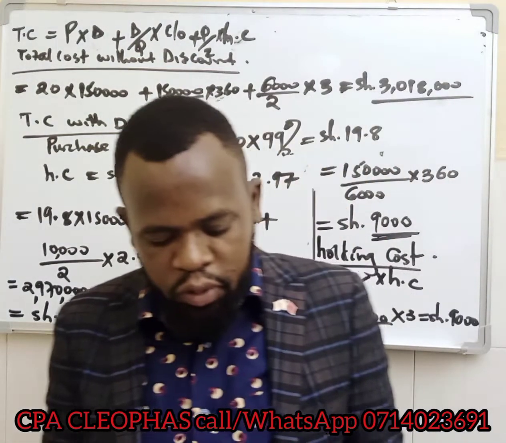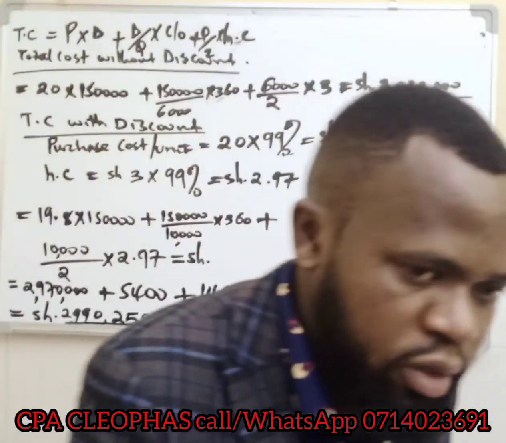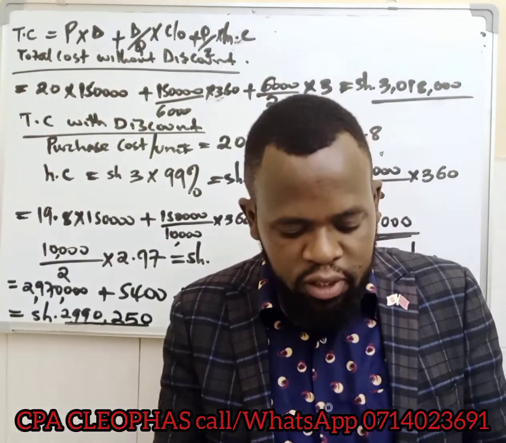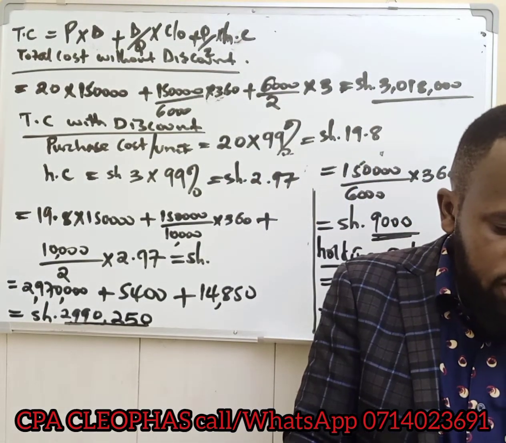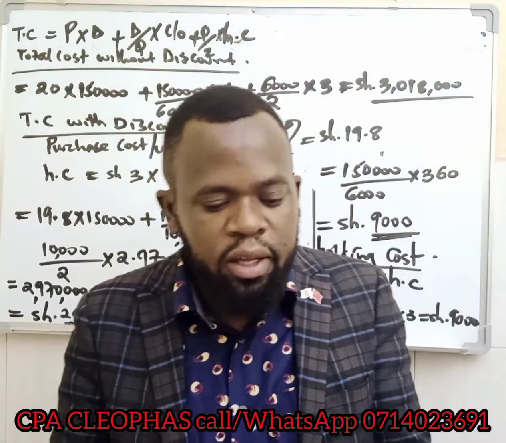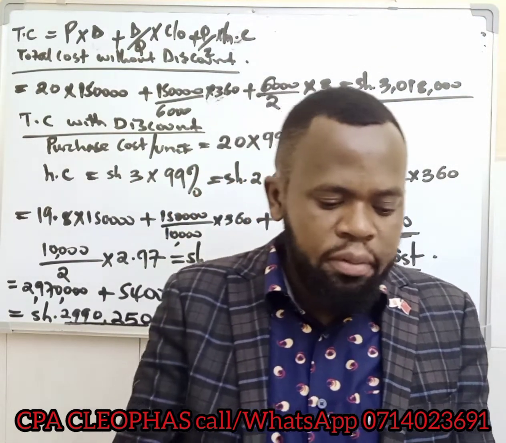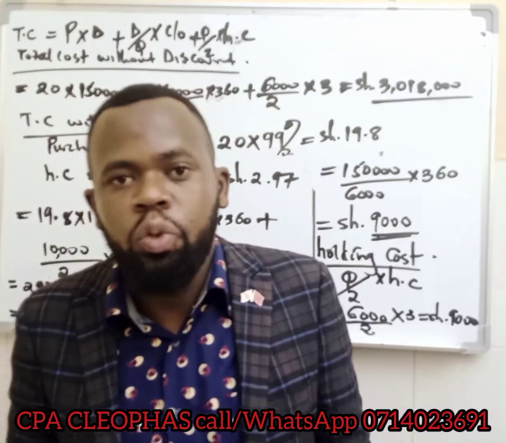So you get your 4 marks. That is what the question required you to do. This is a question for 10 marks, for those who did management accounting at intermediate level, December 2021, question number 1A. That is what was expected of you.